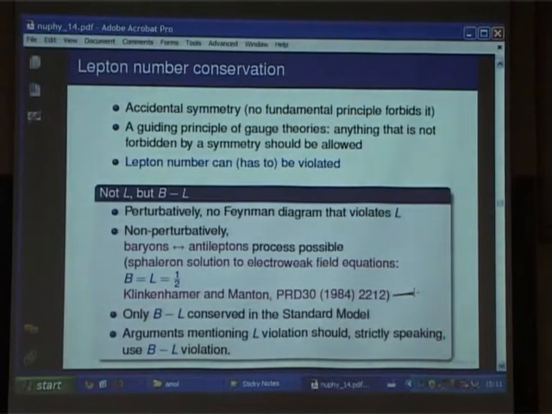Given sufficient time, you can understand it, but it's complicated. It needs time. Anyway, whenever I say lepton number conservation or violation in the class, I basically mean B minus L conservation or violation.